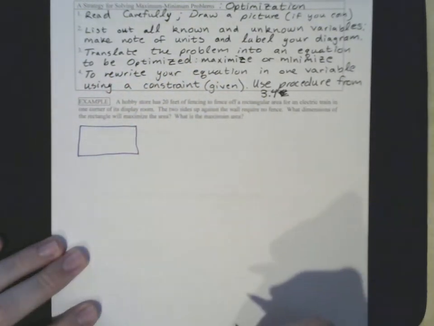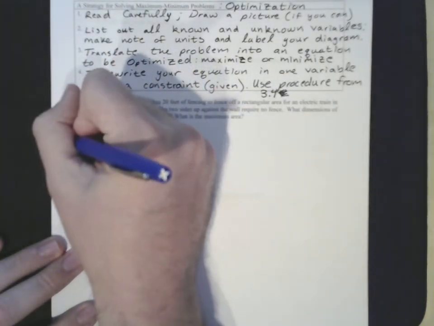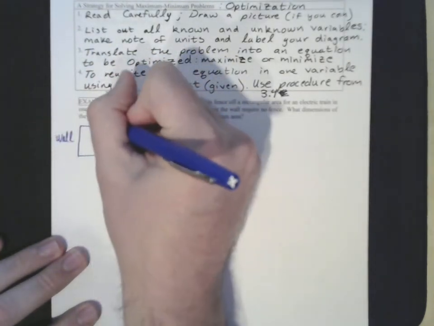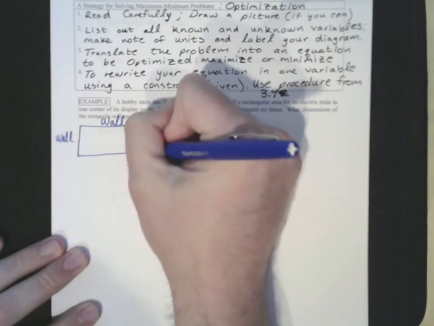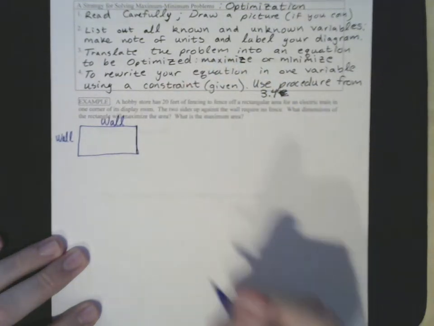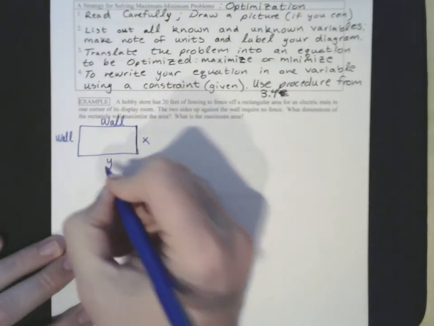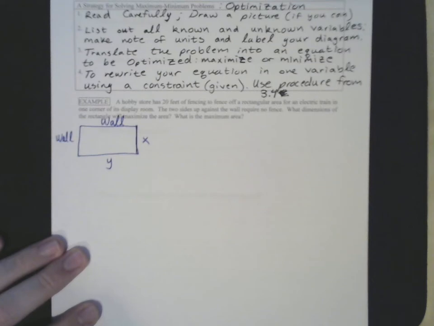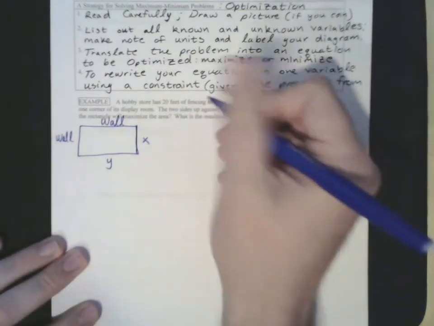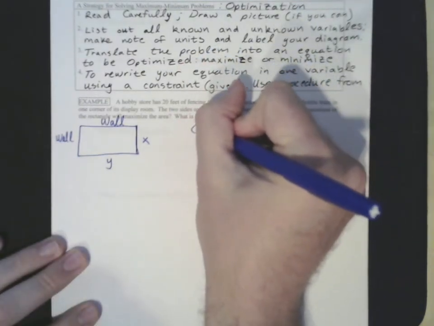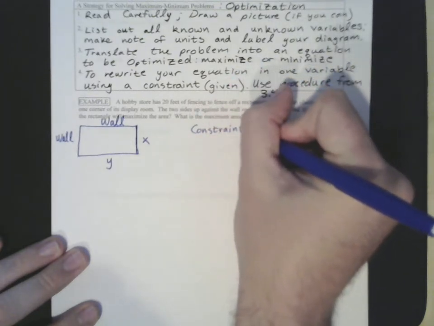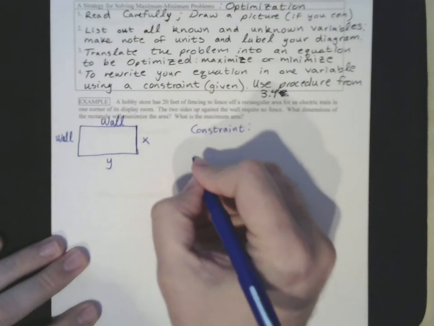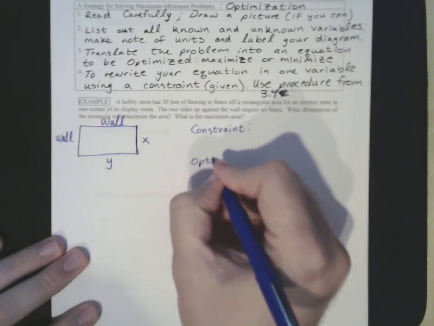So we know we have a rectangular setup, and we have a wall and a wall in one corner, and then we have these dimensions. And pretend I can draw a straight line here. So I'm just going to call this x and this y. So when I tackle these problems, what I always look for is, what is my constraint that I need to work off of, and what do I need to optimize?